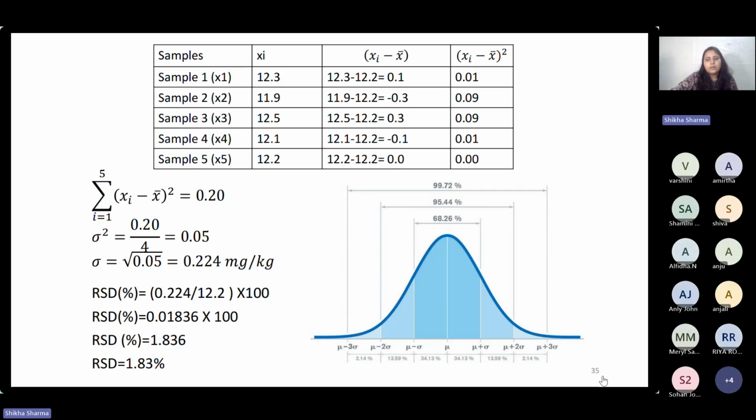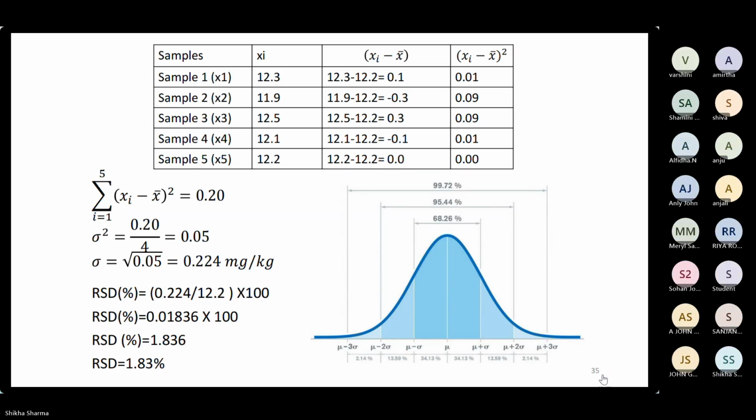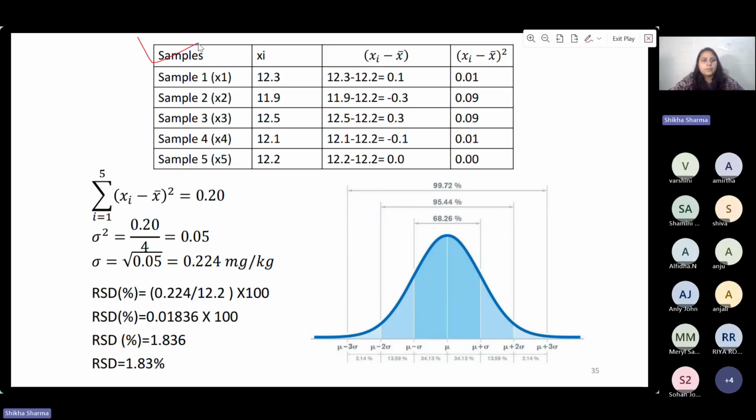So here, if we see in this table, we have the samples and xi value. Now what we are doing is subtracting each value, x1, minus its average, which is 12.2.